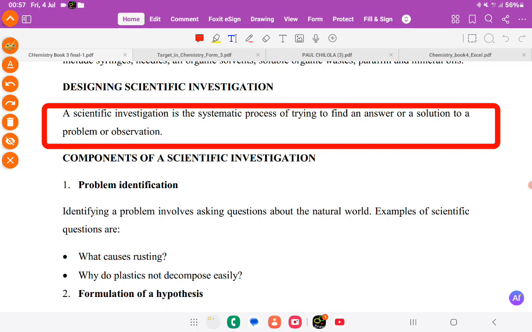So that's called the scientific investigation. It's a step-by-step process of finding out an answer to a particular scientific problem. All right, so a scientific investigation has different components which you must know.